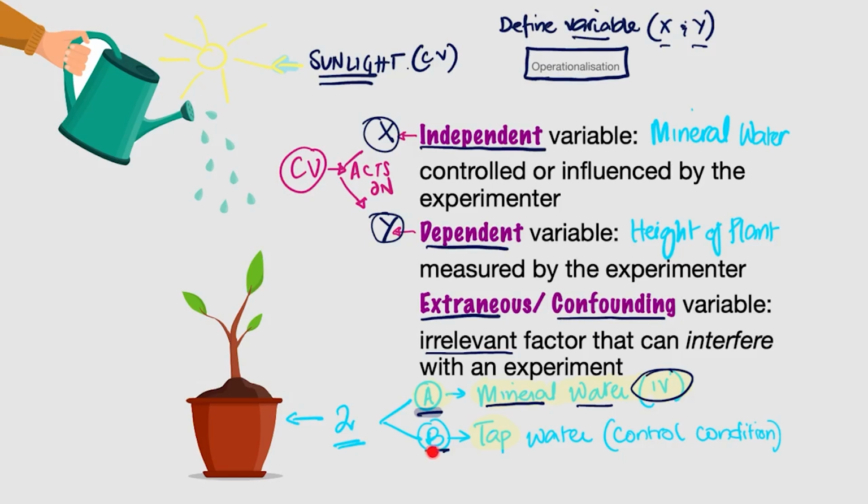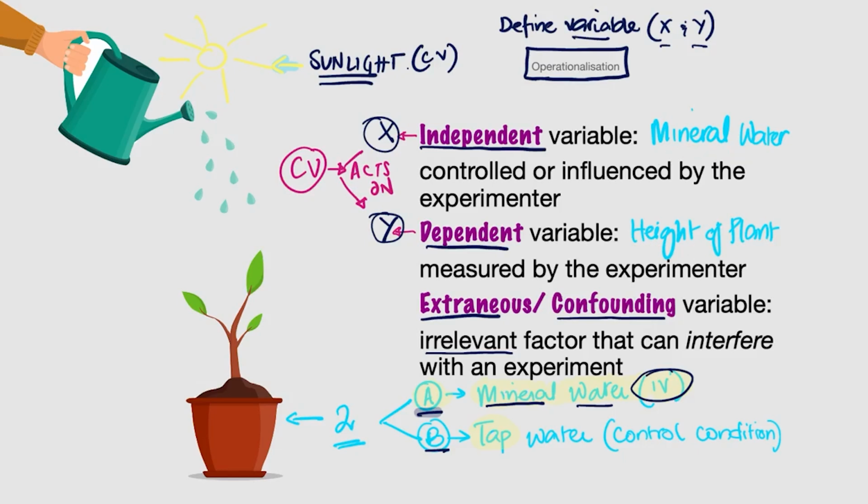Hence, plant B receiving tap water is a control condition which doesn't just provide you something to compare your mineral water plant height with, it also is something that allows you to actually determine that yes, any change in Y or the height of the plant has certainly been caused by X and not by excessive sunlight or anything else.